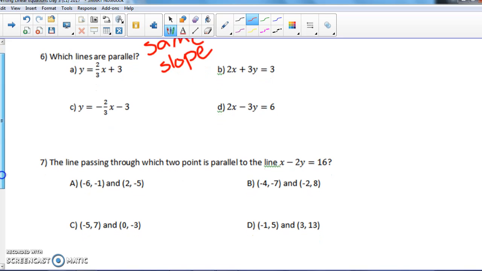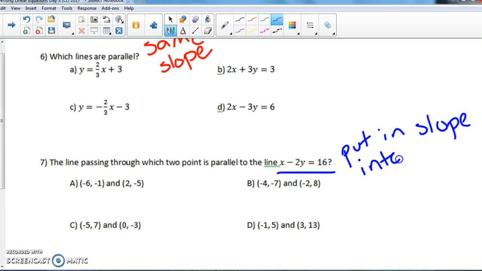And then on number 7, it says the line passing through which 2 points is parallel to the given line. First you have to take that given line and put it in slope-intercept form, because as it exists, it's in standard form, and I can't tell you anything about the slope.